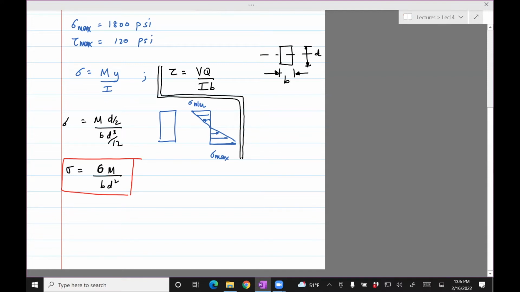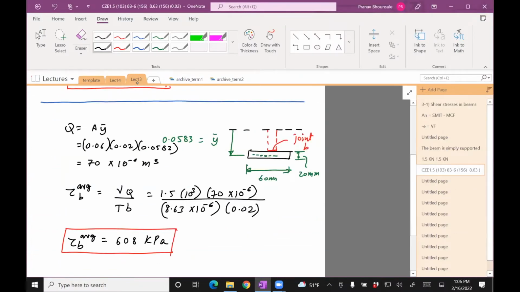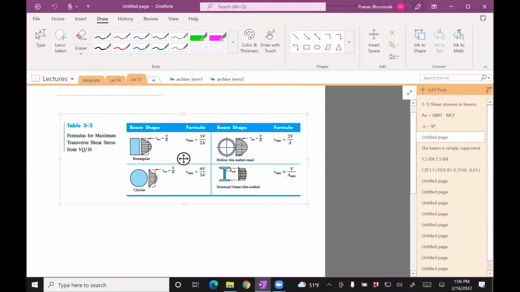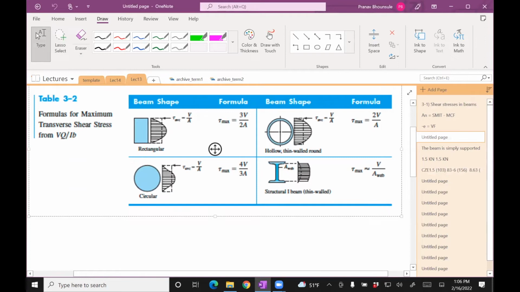However, there's a table which we can refer to and don't have to do all the calculations for tau. If you remember, I put this table in the notes. For the rectangular cross section, tau max occurs at the neutral axis. The value is 3V divided by 2A, where A is the cross-sectional area.